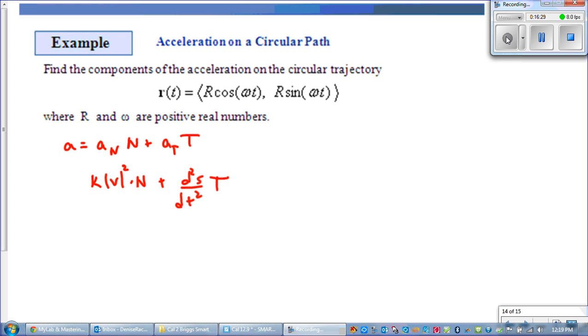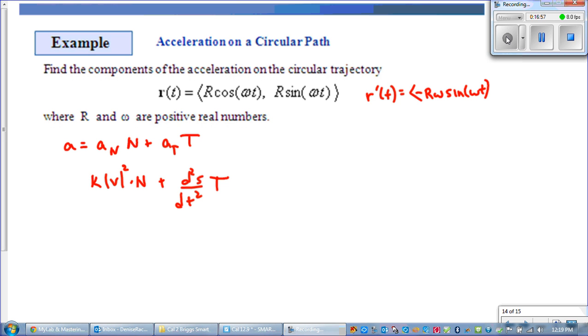Okay, so now let's look at what each of these components are. We know that we're given r of t. r prime of t, I'm trying to find the magnitude, will be minus r omega sine of omega t.